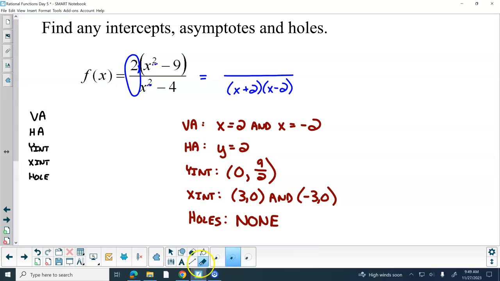My y-intercept, I just basically get rid of any term with an x in it. So I've got 2 times -9, which is -18, over -4, which reduces to positive 9/2.